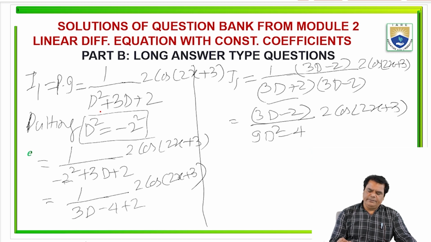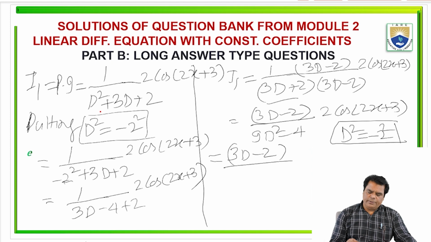So again putting D square equal to minus 2 square, this result is, multiplying by 3D plus 2, upon 9 into minus 2 square minus 4. This is I1.